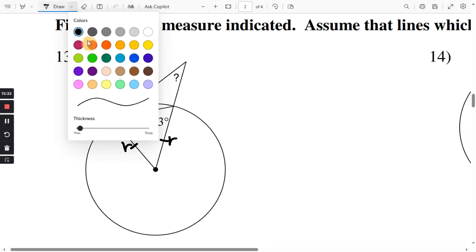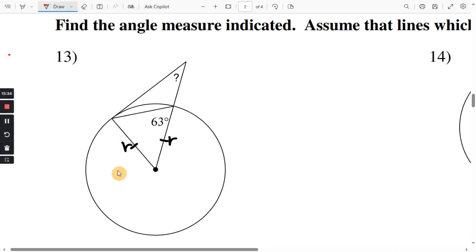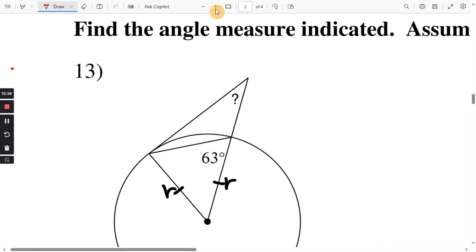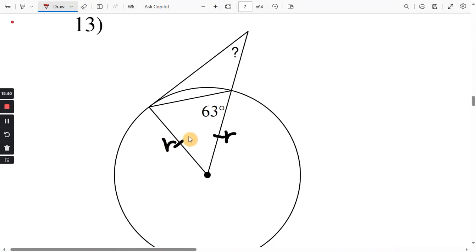Now, if you go across from sides that are congruent, those angles are also going to be congruent. So if across from this radius R is 63 degrees, across from the other radius R is also going to be 63 degrees.